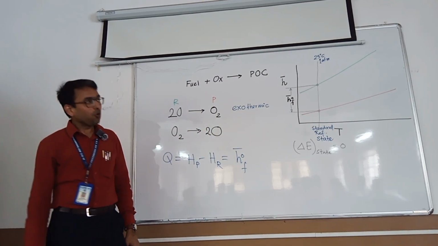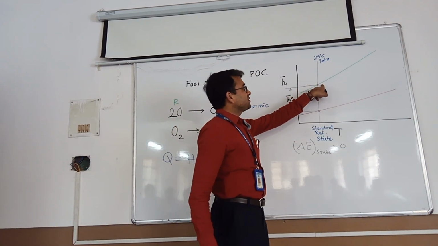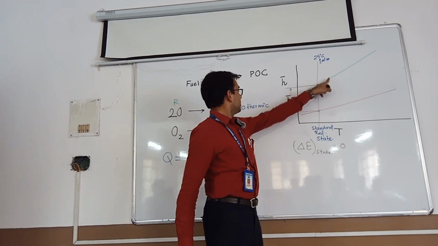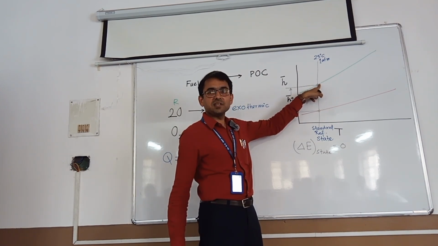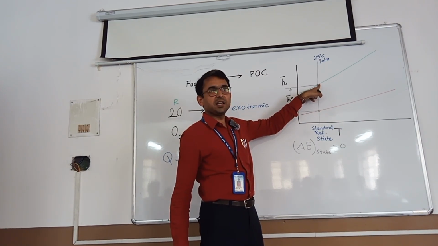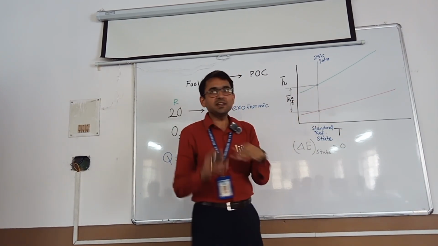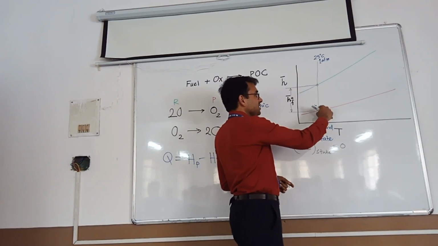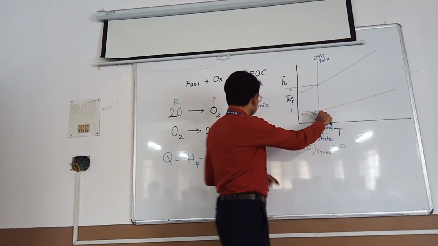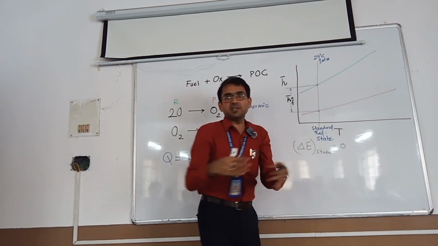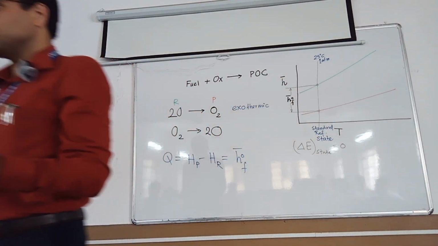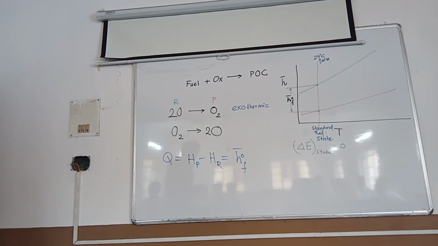That means when I subject these reactants at this temperature and pressure, it goes to the products and releases energy. So when it releases energy, its energy decreases, and that extra energy is released in the form of thermal energy. Is it clear? Okay, great.